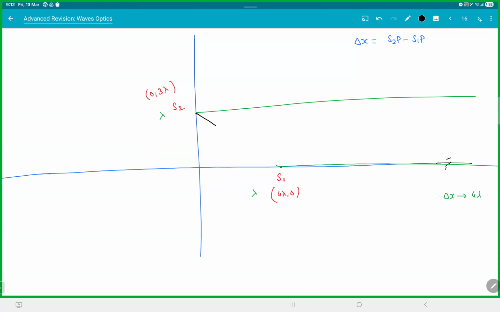Next thing, if a ray comes directly and hits here, at S1 pe, at this point, the path difference is 5 lambda. Isn't it? And if you go to the left-hand side, here the path difference will be minus 4 lambda. Now, look at the numbers here, how the numbers are going.